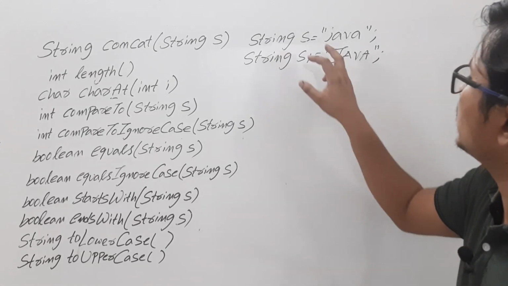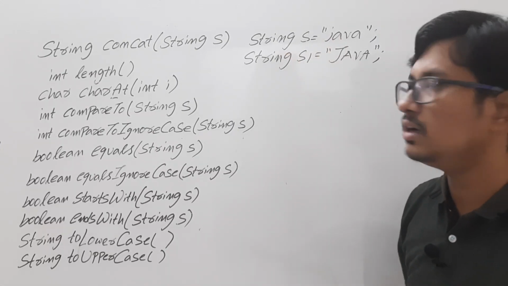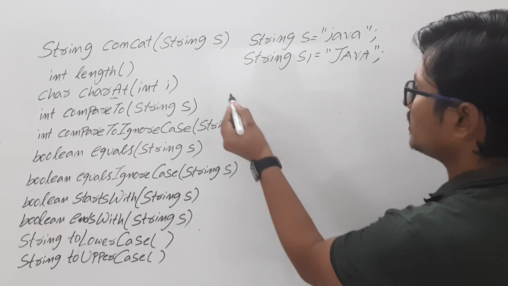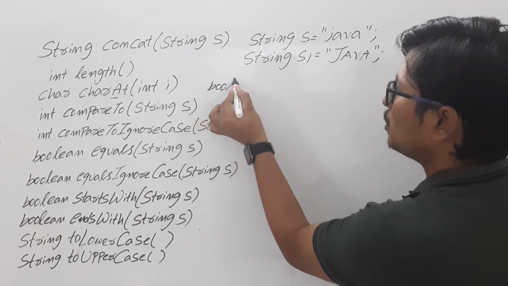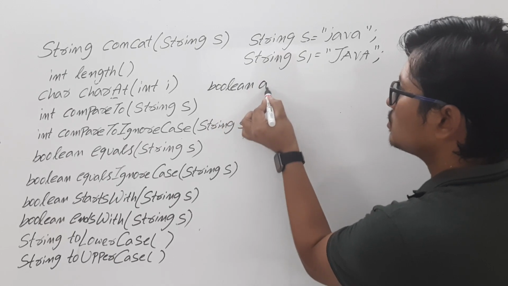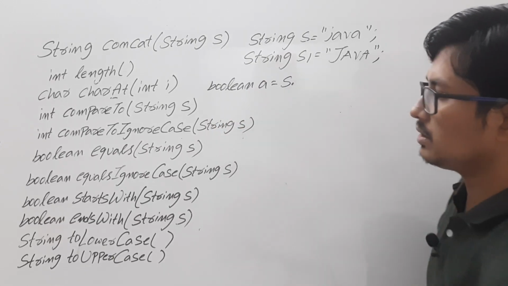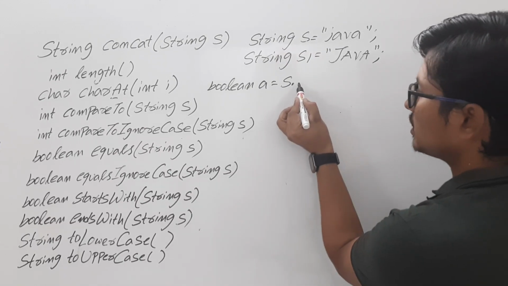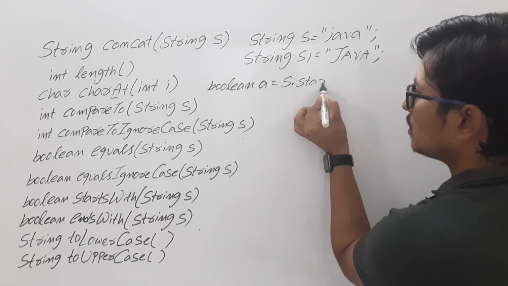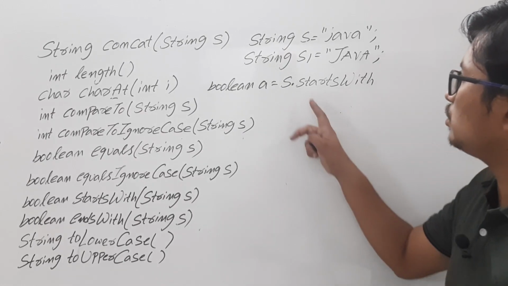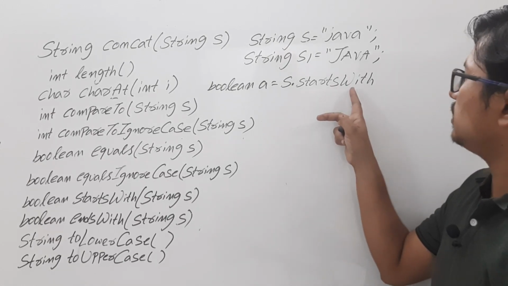Look at here. I have Java in the variable called s, which is of a string. So then what I will write here is boolean a is equal to s dot startsWith, where s should be lower and W should be in uppercase, as you have two words, starts and then with.